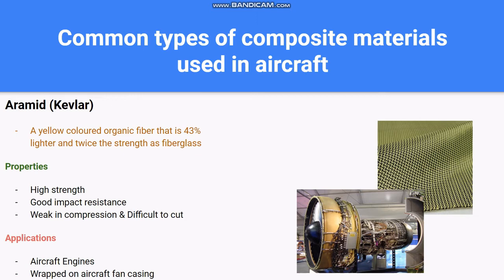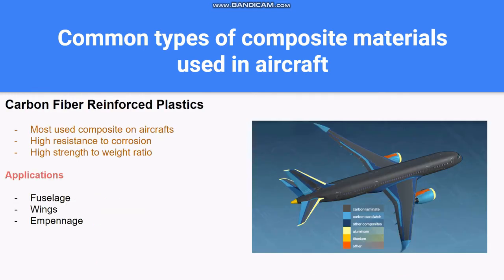We also have carbon fiber reinforced plastics, also known as CFRP. They are mostly used in composites and aircraft, and they have very good corrosion resistance. They also have a high strength to weight ratio, which makes them very light and able to withstand a lot of strength when the aircraft undergoes a lot of structural loads.